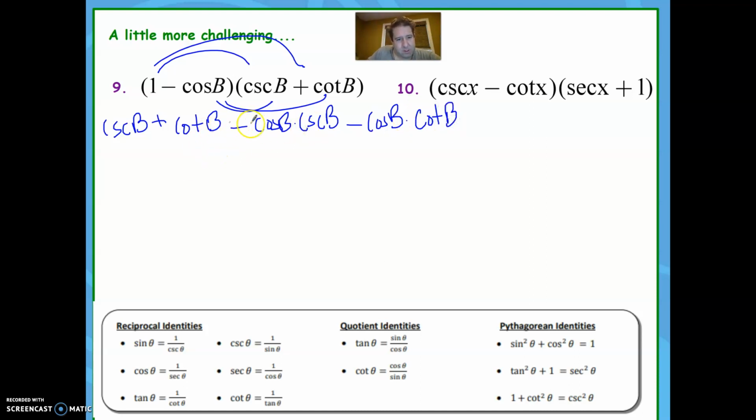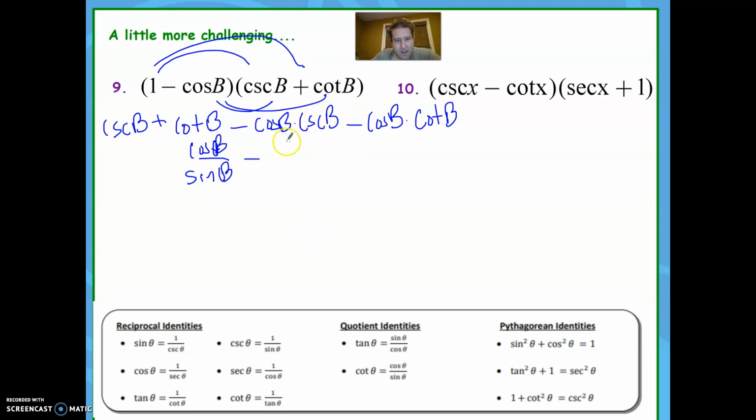Okay, so let's focus on the 2 on the inside first. Cotangent of b is really cosine over sine. So this is really cosine of b over sine of b, and minus, cosecant of b is the same thing as 1 over sine of b.